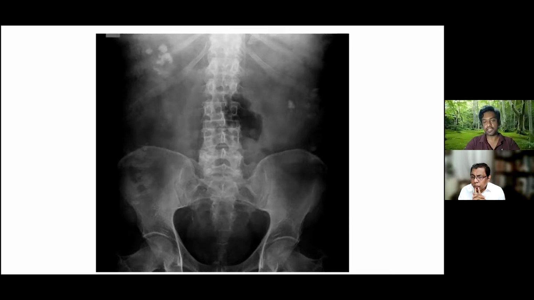Apart from that, imaging-wise, I would go for an ultrasound scan KUB to assess whether there are any features of obstruction, hydronephrosis and hydroureter. Based on that, I will decide whether I need a non-contrast enhanced CT KUB to decide on further management. So you would do an ultrasound only, or ultrasound and a non-contrast CT? Both.